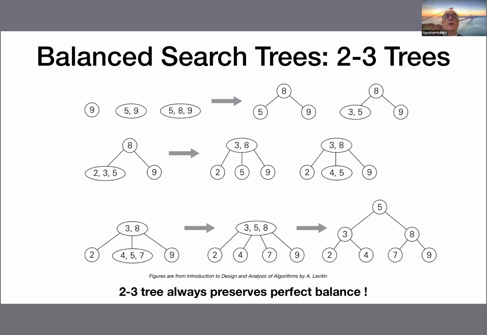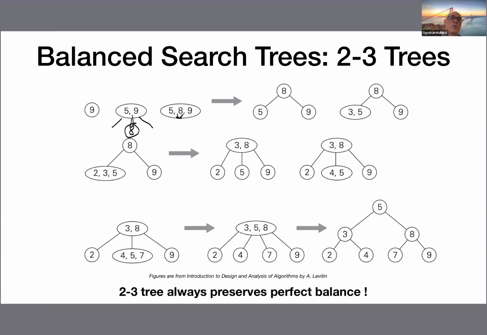Going further, now I would like to insert 8. When I insert 8, so that is 5, that is 9. Actually, these are supposed to have 3 children. If 8 would be inserted, it would be something in the middle. Again, this will not be appropriate for a 2, 3 tree because it will not be balanced.